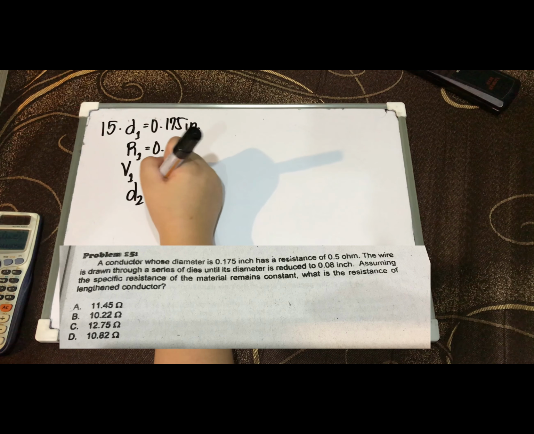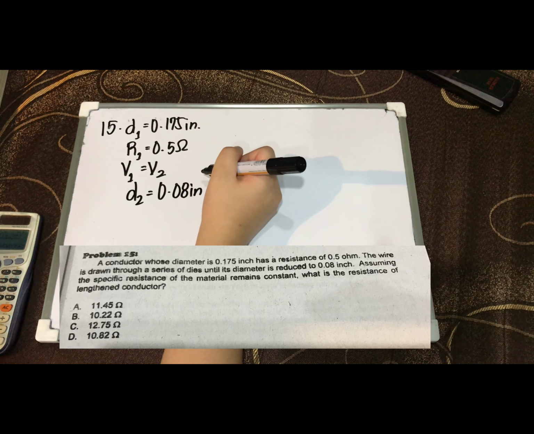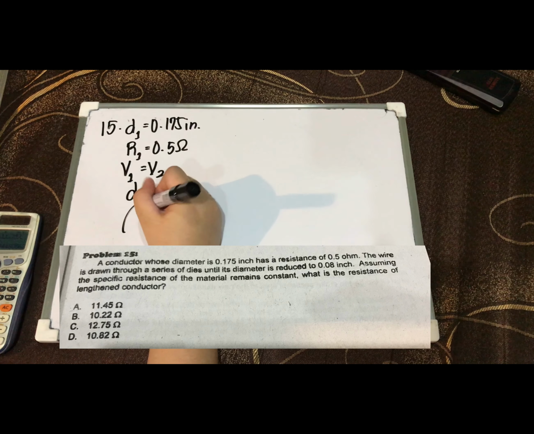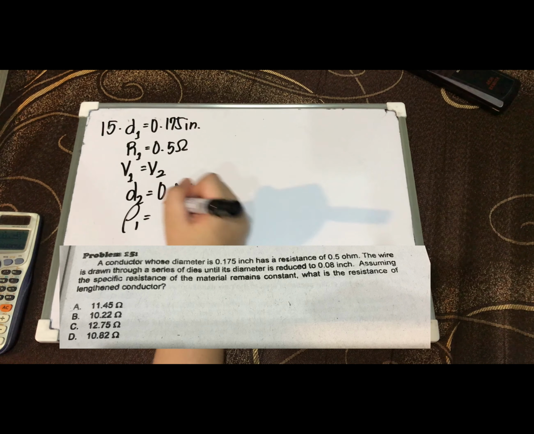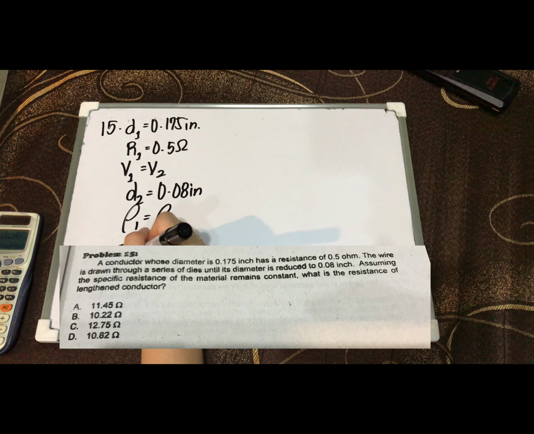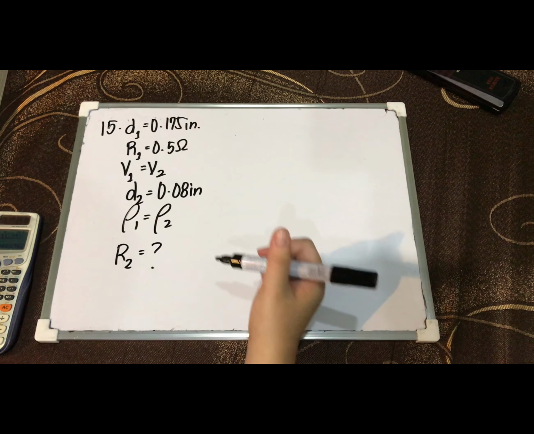So, dito natin ay 0.08 inch. Assuming the specific resistance of the material remains constant, so specific resistance 1 is equal to specific resistance 2. What is the resistance of the lengthened conductor? So, R2 ang hinahanap. Kagaya lang to nung formula natin sa problem number 14.